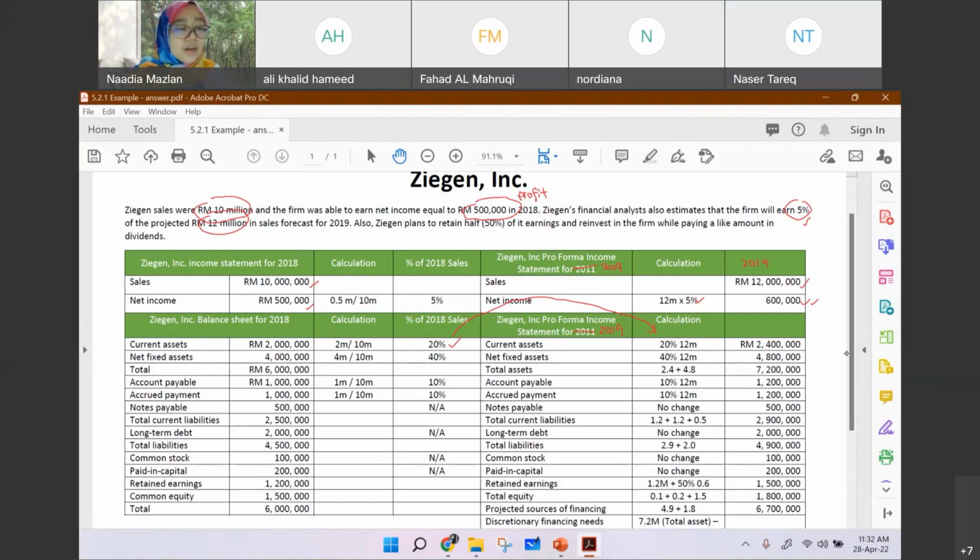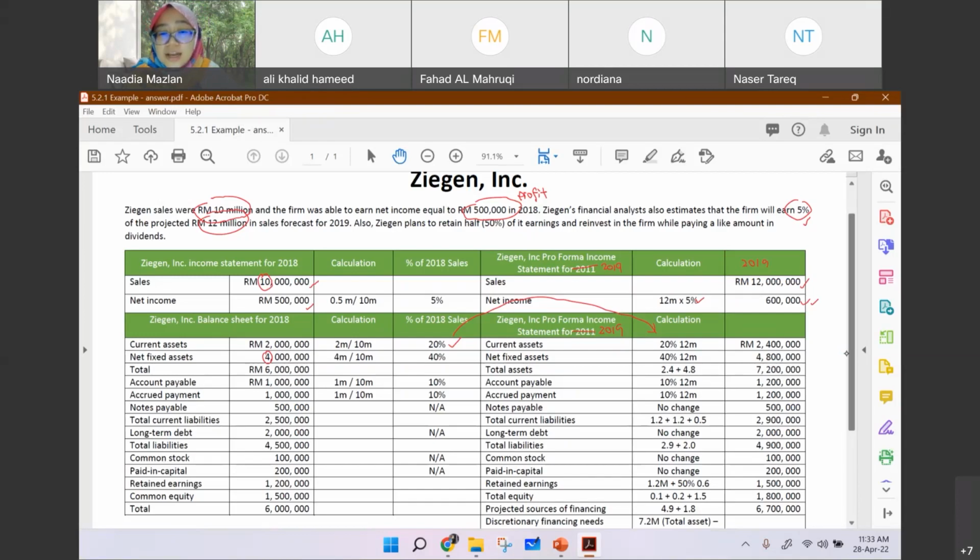Okay, so next, the assets is 4,000. So then we'll calculate 4,000 out of 10, so 4 million out of 10 million, you got 40%. Bring the 40% to here, multiply it with 12 million in order to get your pro forma, which is 4,800,000.